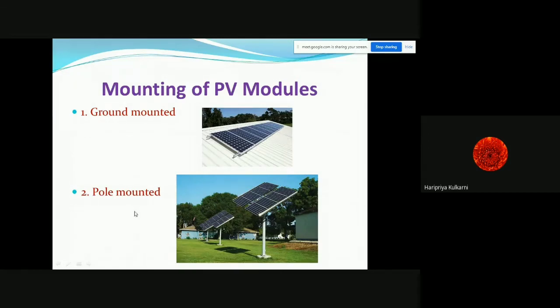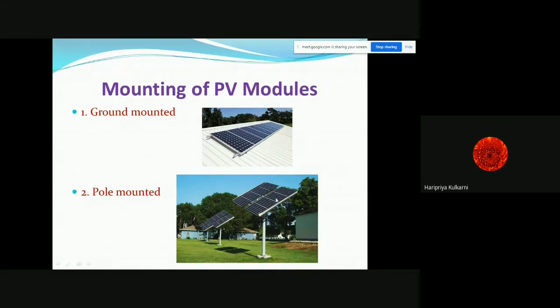Second one is pole mounted. Pole mounted means this is acting as a pole on which the solar panel is mounted. Now again, if you provide a gearing mechanism, then we can rotate it from east to west to get the maximum efficiency with single axis tracking.